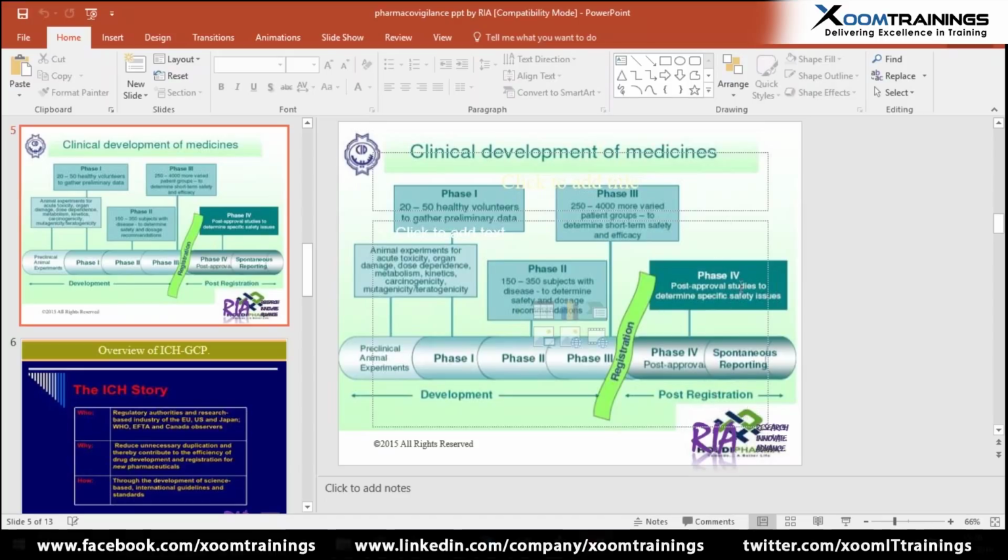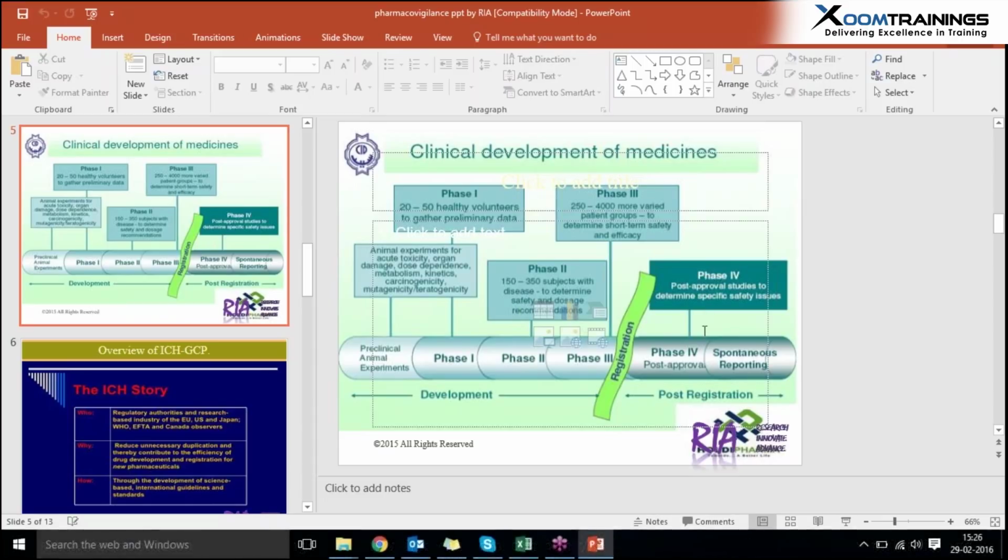Okay. Then, if the drug is found to be causing some adverse events, we have to report those things to the regulatory bodies. This will be done by the pharmacovigilance department.